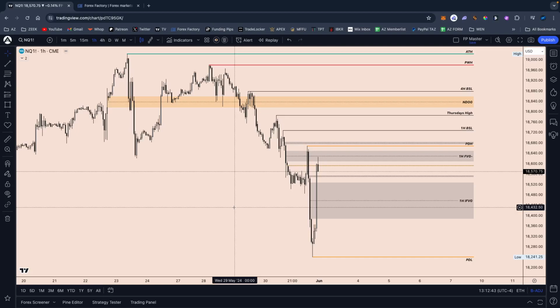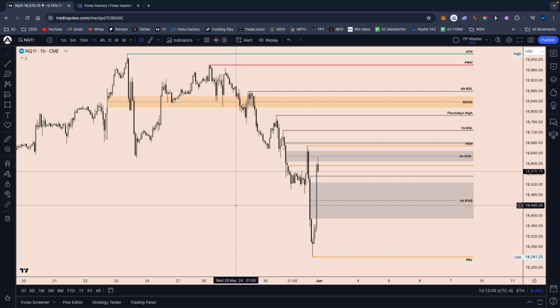Current price action didn't take out liquidity, yes. It might be a deep retracement to continue lower, but in my opinion, we rarely see those.